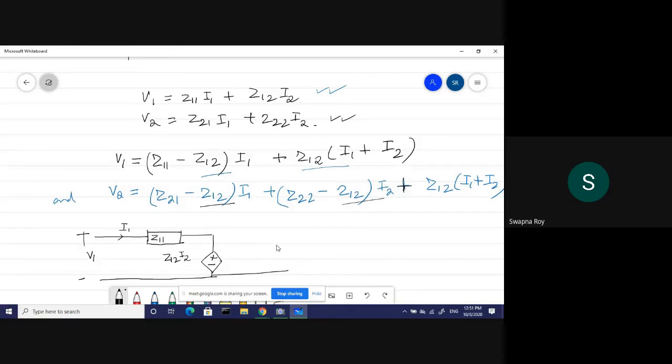Now the output port voltage is equal to Z21 I1. This is the symbol of a dependent source, right?